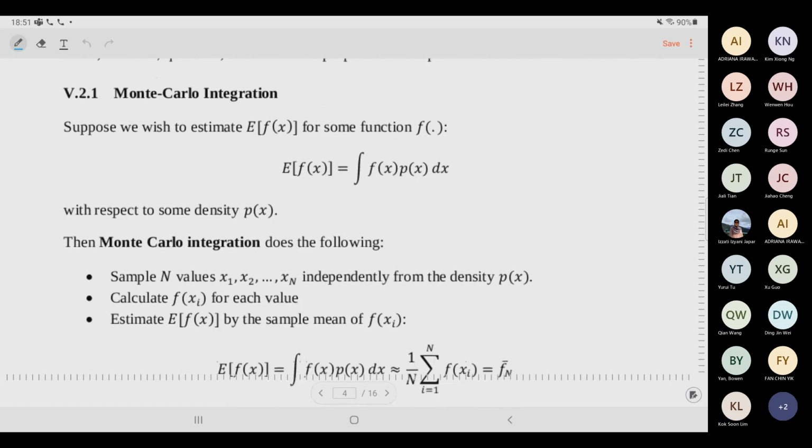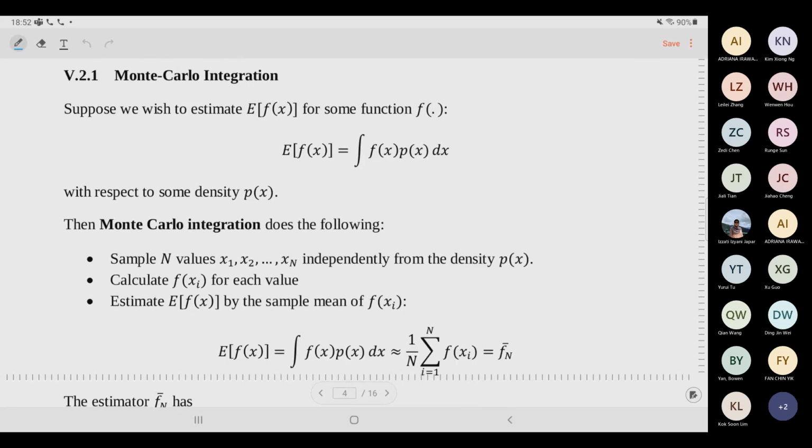So for example, we want to estimate a function f as an expectation of f(x), so we need a density p(x), and we integrate against the PDF p(x).